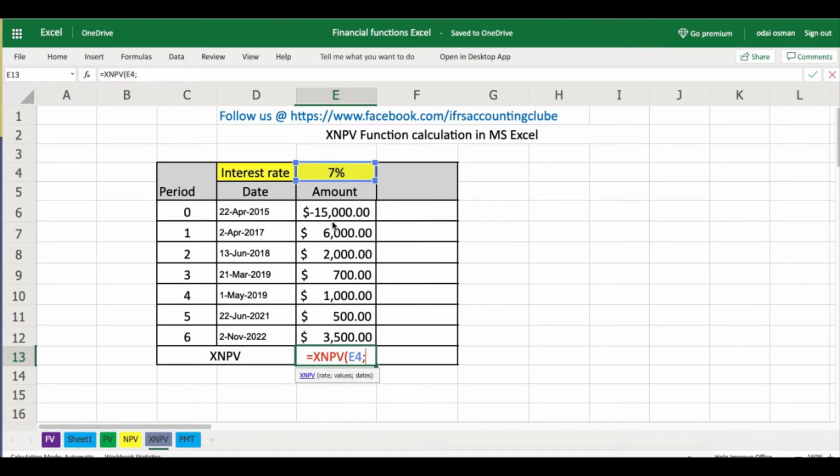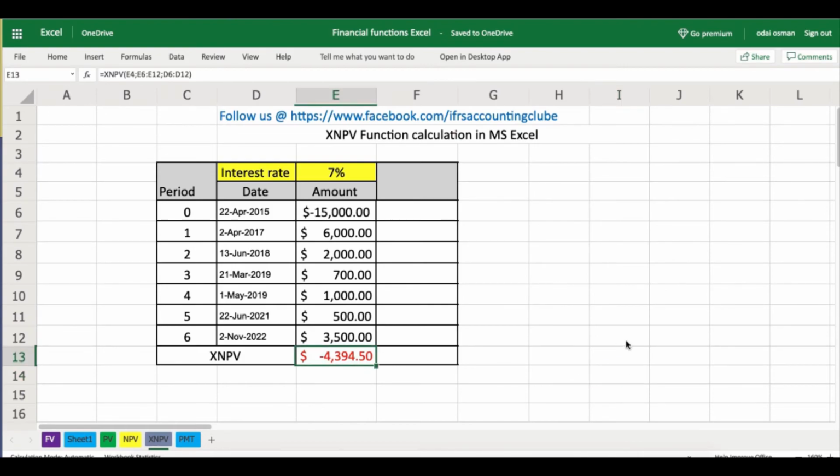In the NPV function we excluded the initial investment. Here we include all values, including the initial investment, comma, and then we include the dates or the periods. Close the parentheses or the bracket, hit enter.